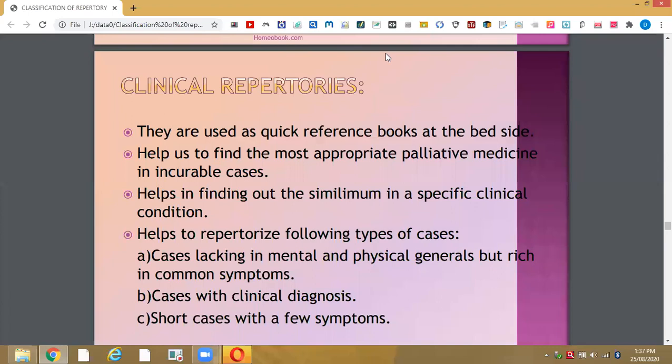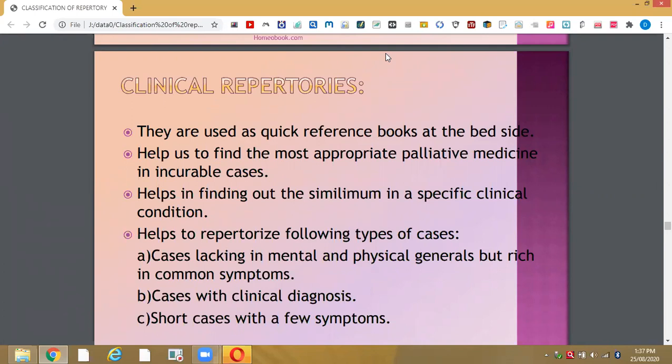Then clinical repertory. We discussed the clinical repertories in detail. The importance of these repertories is that they are used as a quick reference book at the bedside. According to the clinical condition, according to the pathological condition, we can choose the group of remedies. Then it helps us find the most appropriate palliative medicine in incurable cases.